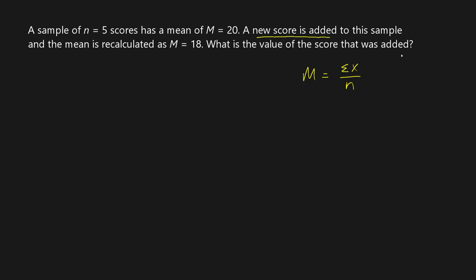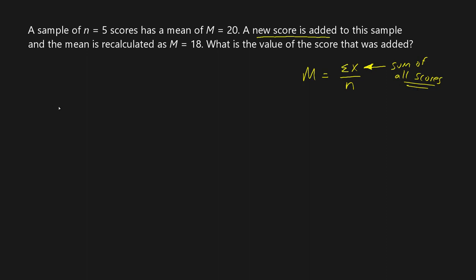Now the trick to working out the answer to this question is to realize that the mean is made up of two parts. I need the total of all of my scores, and I need my sample size. This sum of all the scores is going to be how we work out what that score was.